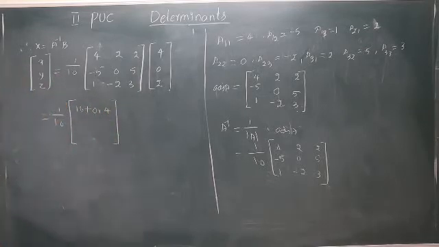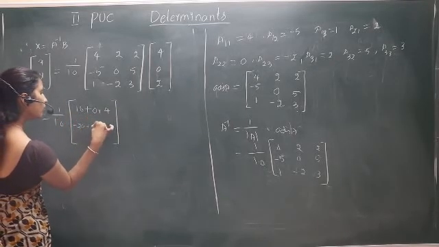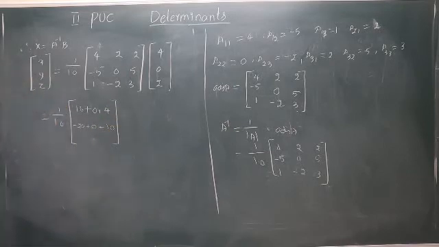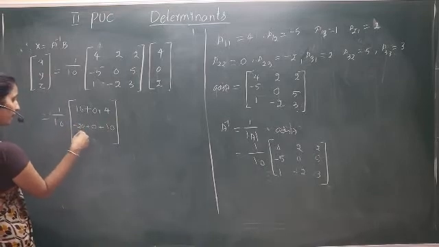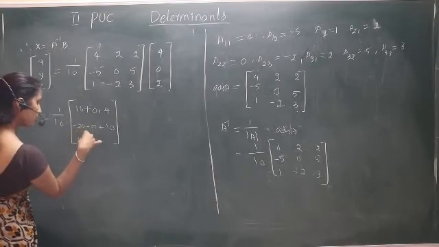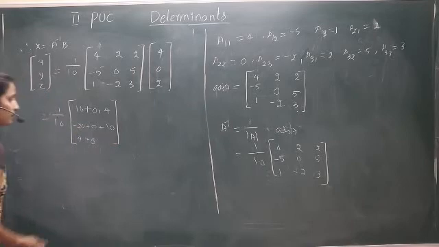Then the second row, minus 5 into 4 is minus 20, 0 into 0 is 0, plus 5 into 2 is 10. Next, third row, 1 into 4 is 4, minus 2 into 0 is 0, plus 3 into 2 is 6.